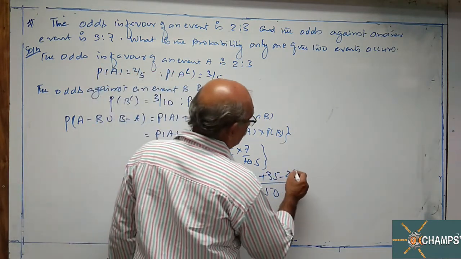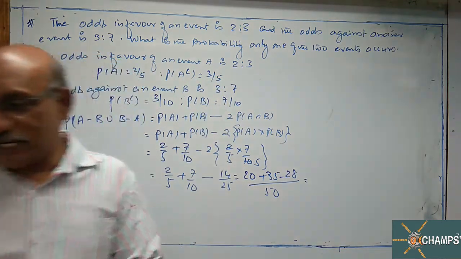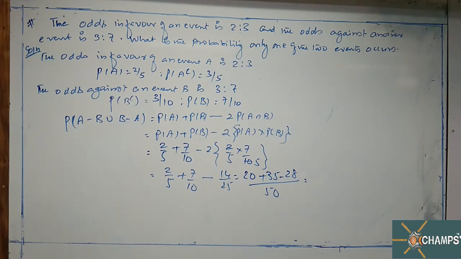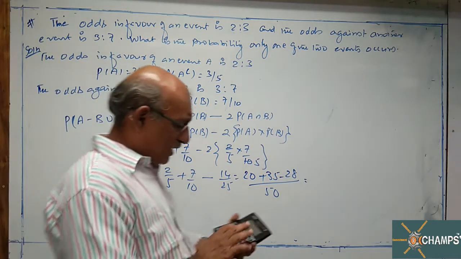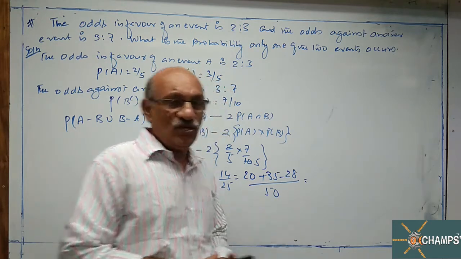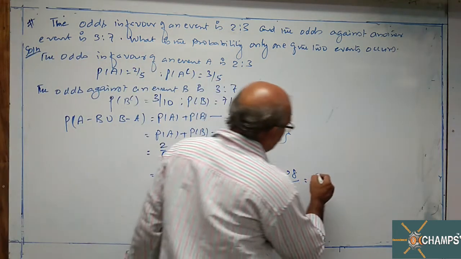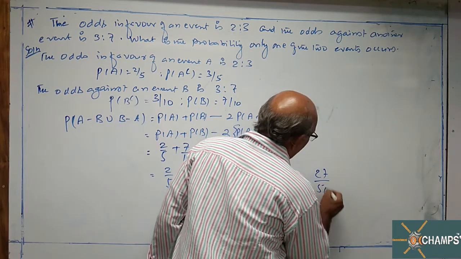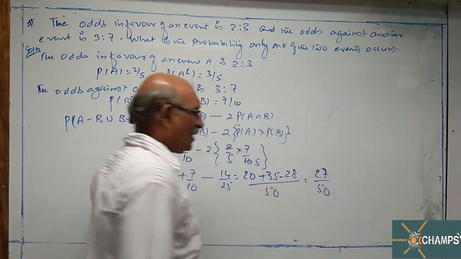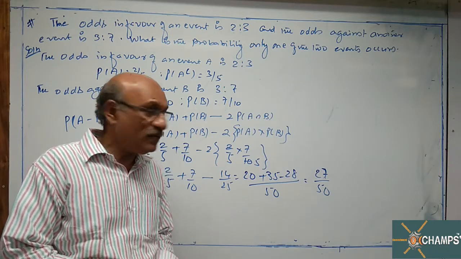Minus 28. 55 minus 28 is 27. So this is equal to 27 divided by 50. 27 divided by 50 is the answer to this question. Okay, note it down, sir.